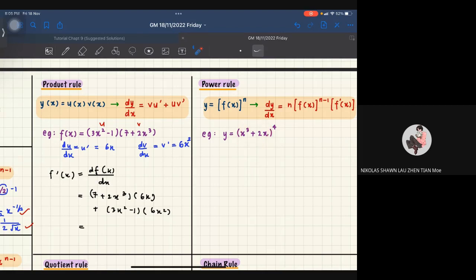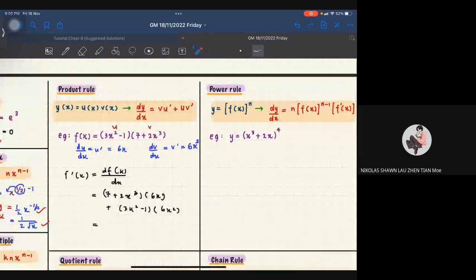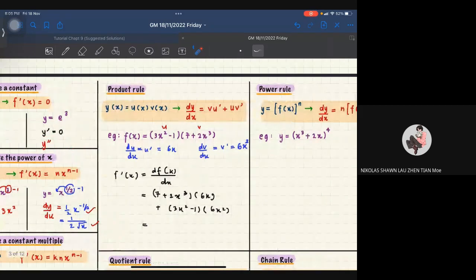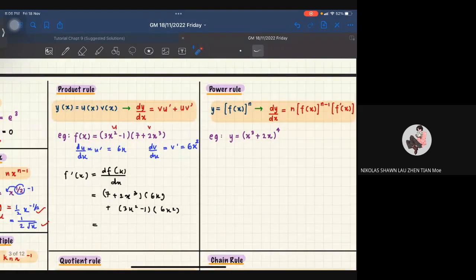Okay, so macam mana kita nak guna power rule? Basically, power rule ni dia sama macam lebih kurang dengan this one, power of x. Okay, it's just that sekarang ni kita punya x ni sekarang dia adalah satu function. Okay, kalau dekat sini dia hanyalah x sahaja, single sahaja. So macam mana kita nak buat this, nak differentiate this kind of function?